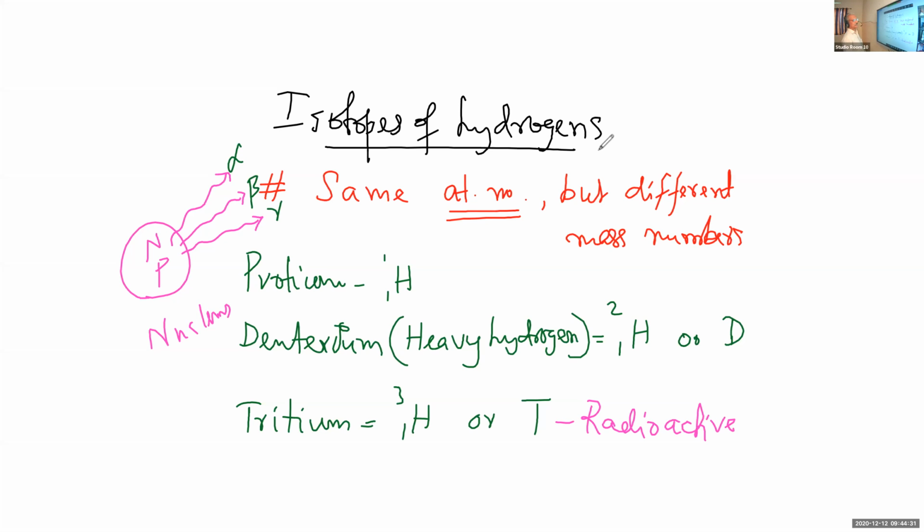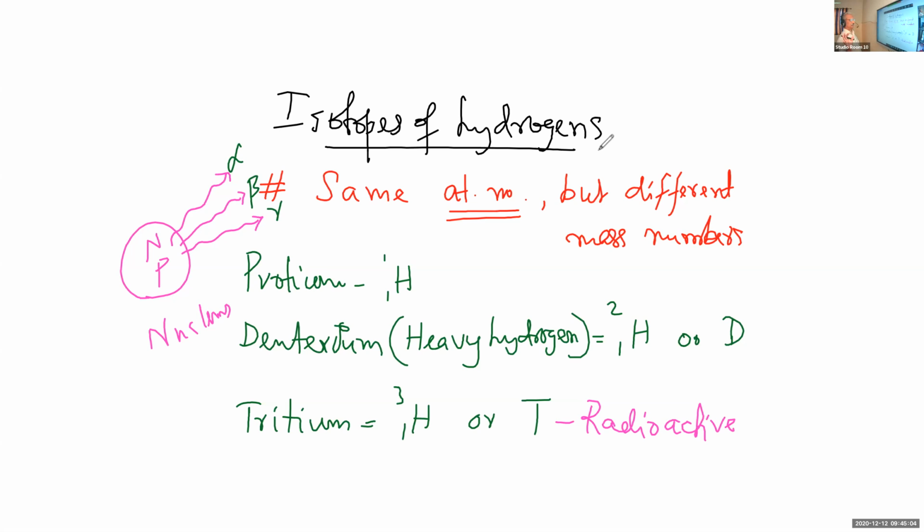Don't think that all these three types of radiations are emitted from the nucleus of the same atom at the same time. At one time, only one type of ray will come out. For example, alpha rays come out, or beta rays, or gamma rays. It is not compulsory that all three come out at the same time.